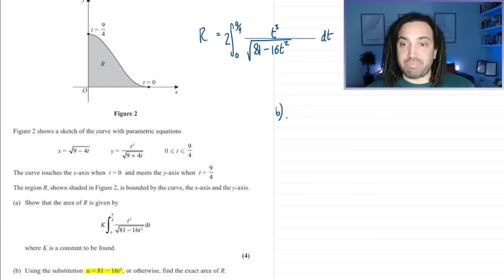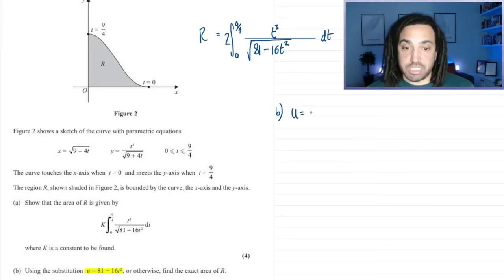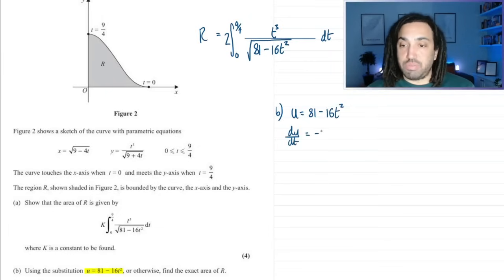So part B. We've got this integral. Now if we're doing another substitution, then we've got to rearrange everything again, haven't we? So the first thing I tend to do is take the substitution and differentiate it. So taking this substitution, differentiating, I get du by dt is equal to minus 32t.